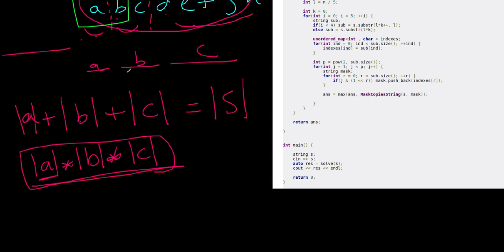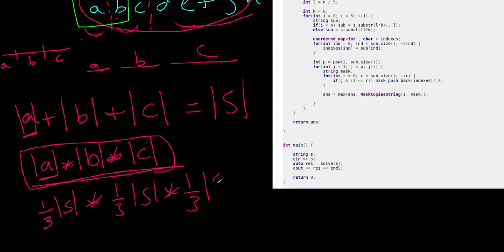and the maximum for this is when we split the string into three equal parts, A, B, C. That means A is 1/3 of the length of S, B is 1/3 of the length of S, and C is 1/3 of the length of S, and this equals 1/27 of S cubed.